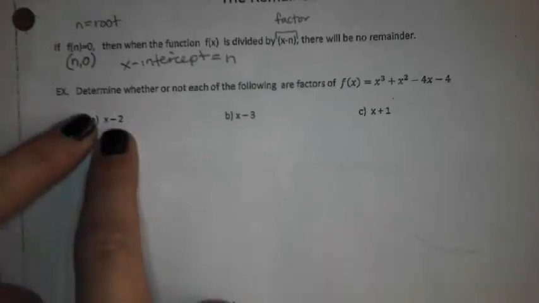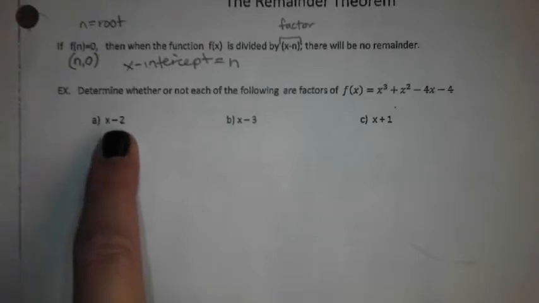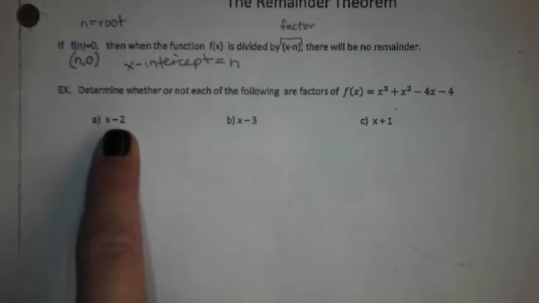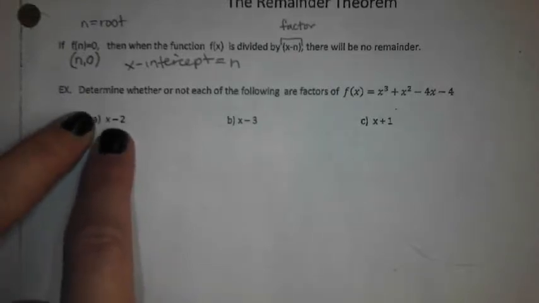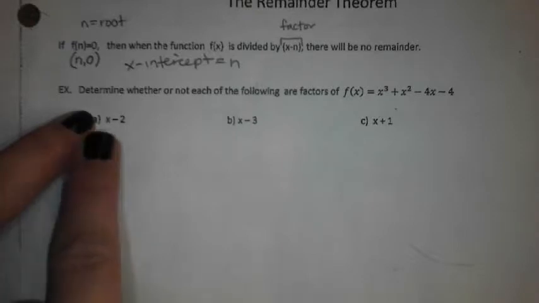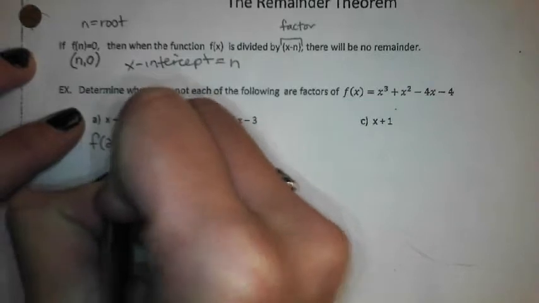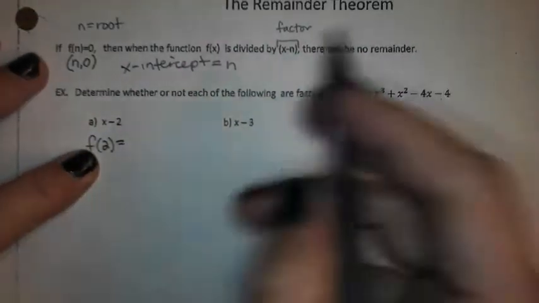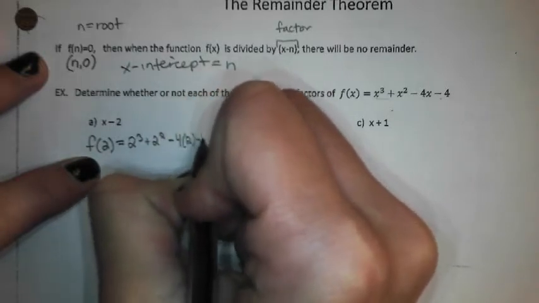What could I plug in to see what the remainder is going to be? What'd you say? Negative 2 or positive 2? Let's decide. Positive, right? Because if this is what we're checking to see as a factor, then we're checking to see if positive 2 is actually a root. So if you just check f of 2 up in our function, that'll be 2 cubed plus 2 squared minus 4 times 2 minus 4.